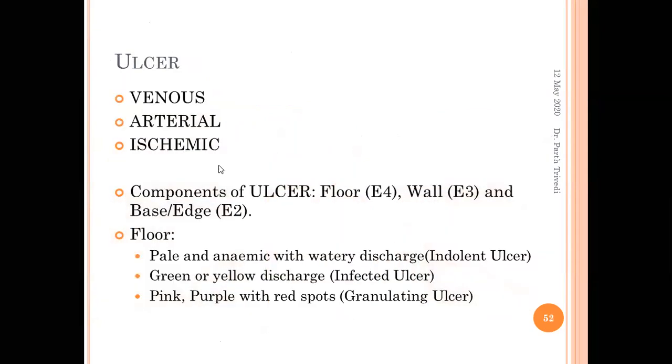So you can see ulcer. Now in this ulcer, basically, very interesting thing is, I would like to even draw the ulcer over here. So consider this is the ulcer. Okay, the ulcer has three components: floor of the ulcer, wall of the ulcer, and base or edge of the ulcer. Clear? So I would mark it over here with different colors.